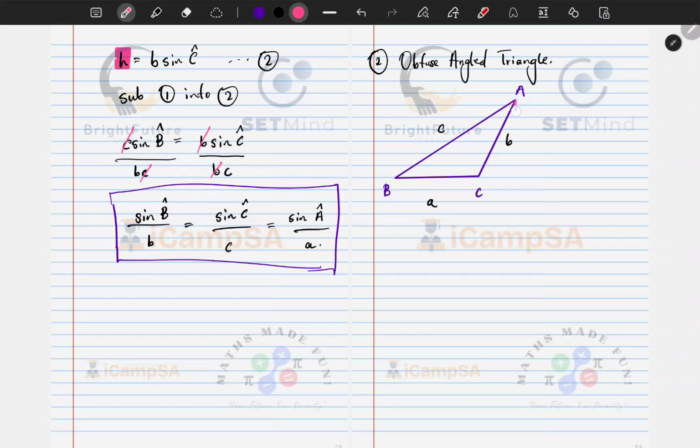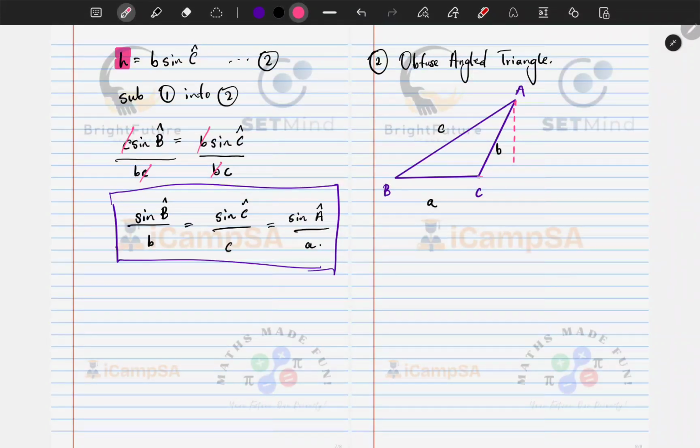I'm going to construct a line from here. Let me just take my B here. So now I'm going to construct a line, and then this is going to be 90 degrees.